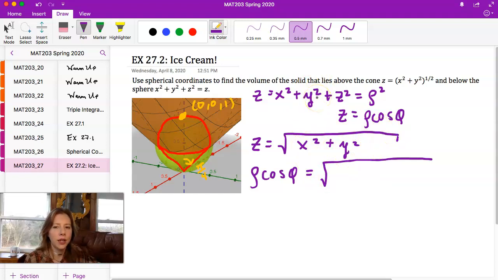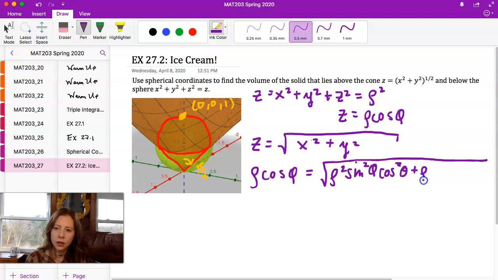What we need to do is plug in x equals rho sine phi cosine theta and so on. So x squared is rho squared sine squared phi cosine squared theta, plus rho squared sine squared phi sine squared theta.